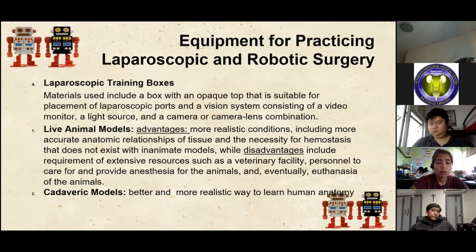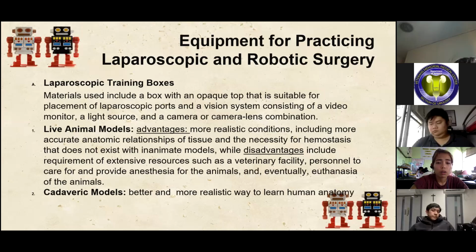While disadvantages include requirement of extensive resources such as veterinary personnel to care for the animals, and eventually euthanasia of the animals. Next, we have the cadaveric models, which are better and more realistic for learning.